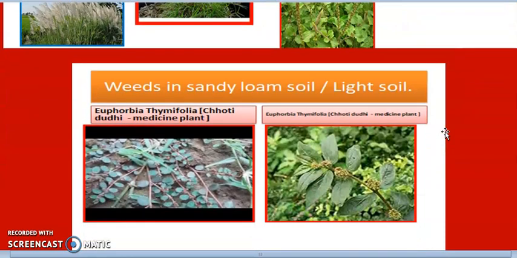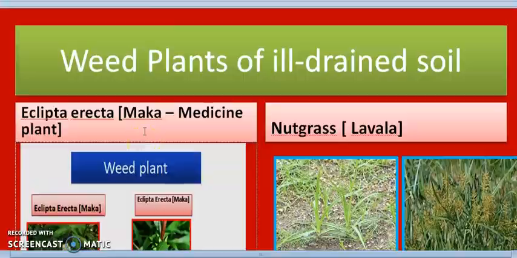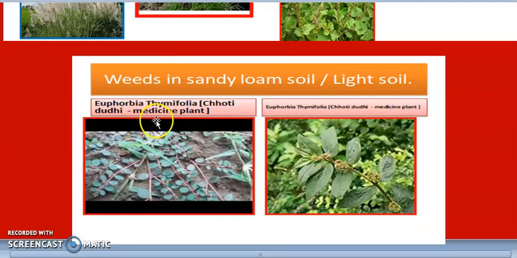The next weed plant in sandy soil or light soil is choti dudhi, botanically known as Euphorbia thymifolia.